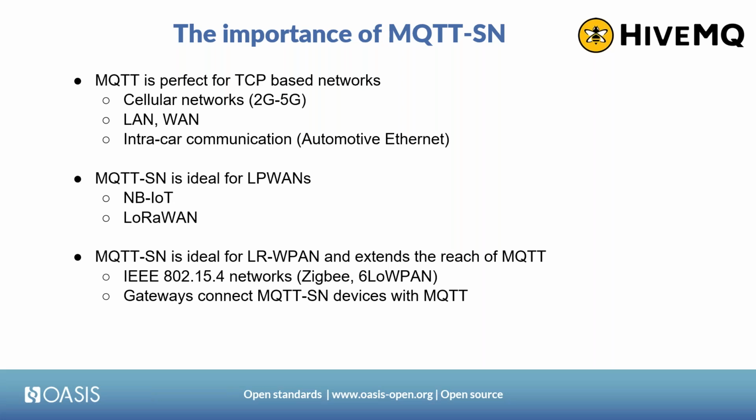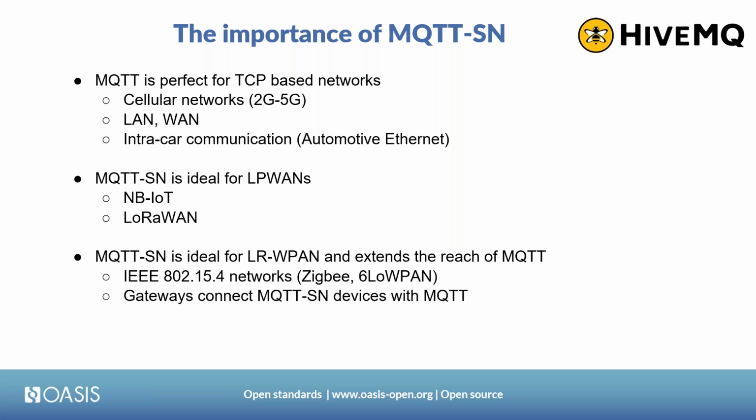Also, if we look at low-range wireless personal area networks, which are usually local, or mesh networks, then MQTT is not always the best choice. And this is actually where MQTT-SN originated. So if you have IEEE 802.15.4 networks like ZigBee, or if you have 6LoWPAN in play, then MQTT-SN is really a very good choice.